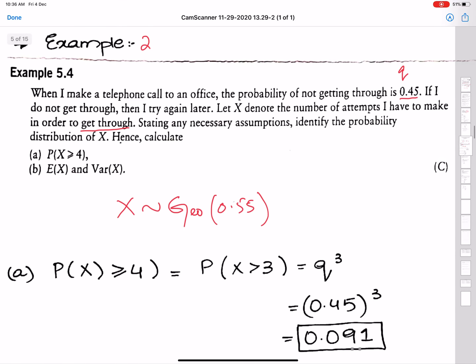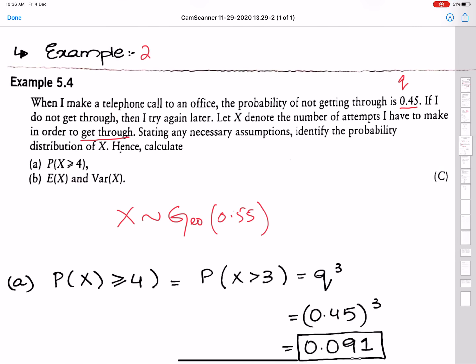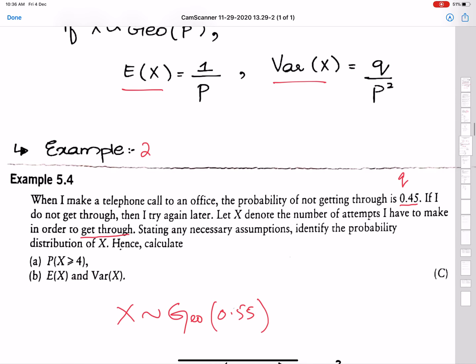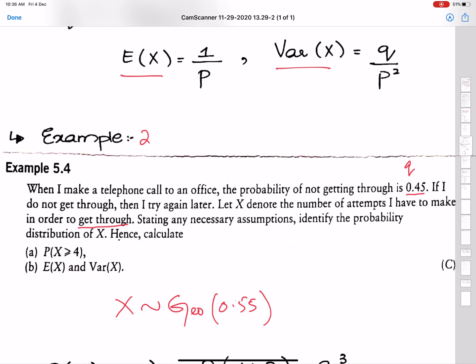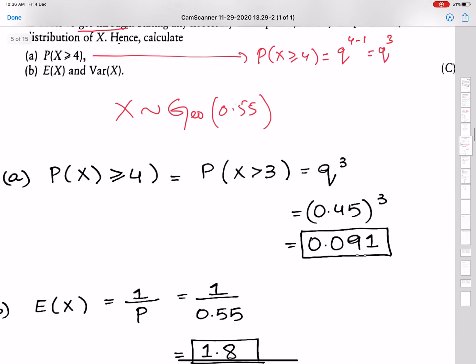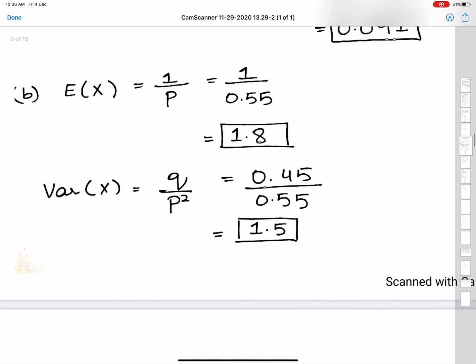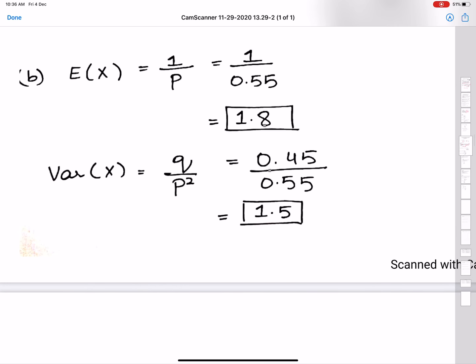So according to the properties, x greater equal to 4 can be solved as q to the power 4 minus 1, which means q cube. And you know how to calculate mean and variance. So this is the formula of mean, 1 upon p, and this is the formula of variance, q upon p square. You just need to substitute the values.